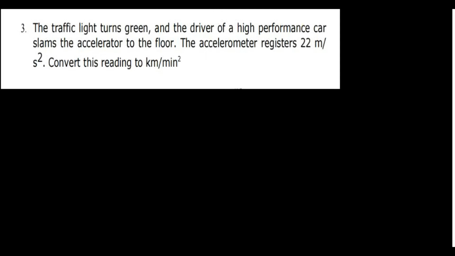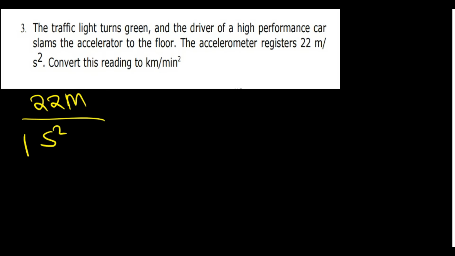Okay, so what we are going to do, we are going to use still dimension analysis. We have 22 meters divided by second squared. So we have got 22 meters in each second, in 1 second.